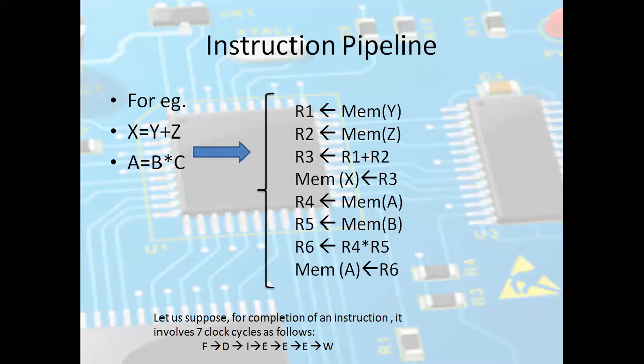The total of 7 clock cycles are involved, where F is fetching, D is decoding, I is issuing, E is execution, and W is write back.